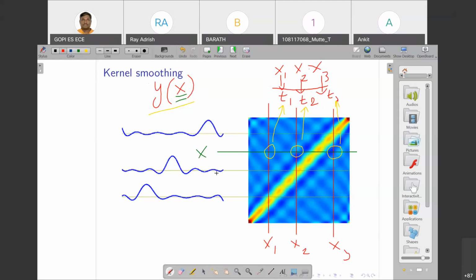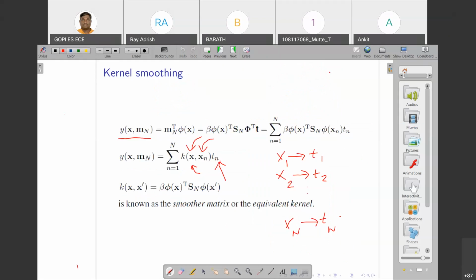This model is popular. It comes from Bayes; the starting point is Bayes, and then we had an expression for y of x, and we simplified how it is written in terms of this kernel function.